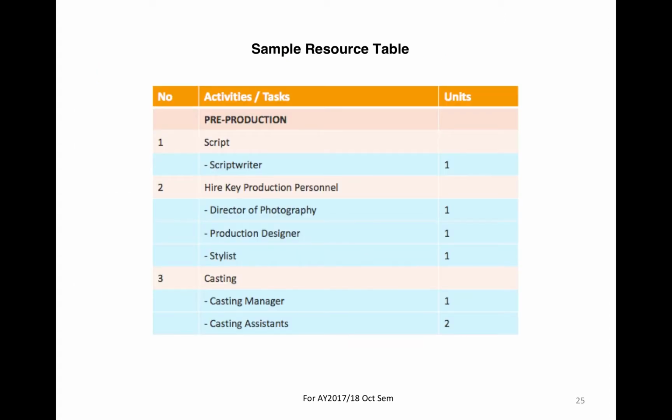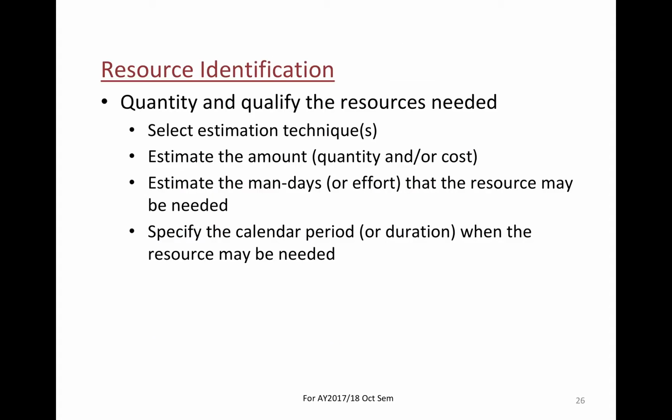All right. So let's say in this resource table, you have pre-production, and in that stage you have the script, and then you have to hire key production personnel, and then you have to do casting. All of these are the resources that you need. Resource identification also states the quantity and the quality of the resources needed.